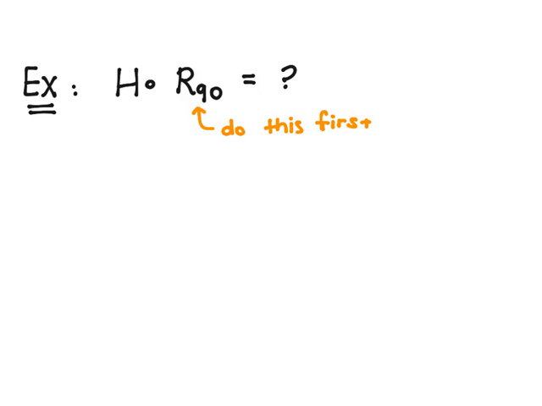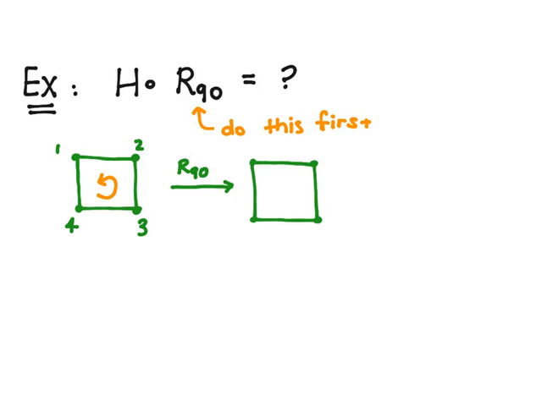If you'd like, you can take a physical square cut out of paper and try this. Rotate it by 90 degrees counterclockwise, and then take it and reflect it across a horizontal axis. So let's do that sort of drawn on the screen here to try to see what happens. Numbering the vertices here I think is super helpful for keeping track of what's going on.